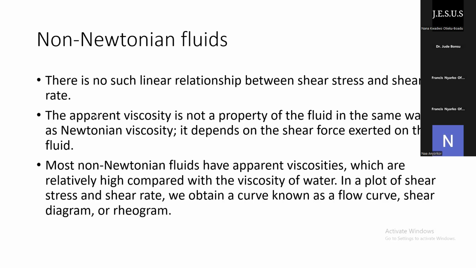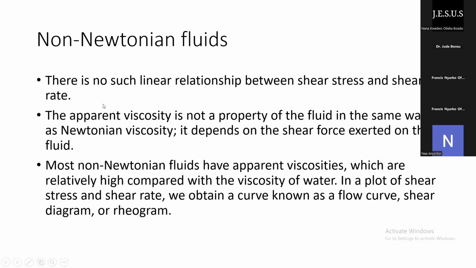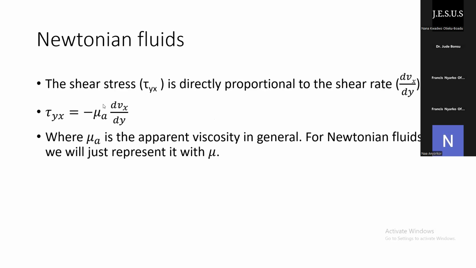Now, when it comes to the non-Newtonian fluids, they do not obey Newton's law of viscosity, which is this formula. So the apparent viscosity is not a property of the fluid in the same way as Newtonian viscosity. When you talk about Newtonian fluids, this viscosity is a property of the fluid. Let me take water like this.